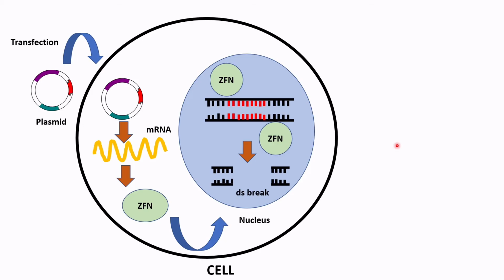When you have the cell line and plasmid in hand, you need to transfect your cells with the plasmid. The ZFN sequence is transcribed to form mRNA, which is then translated to produce ZFN proteins. These proteins enter the nucleus, bind and cleave the target sequence, and generate a double-stranded break.